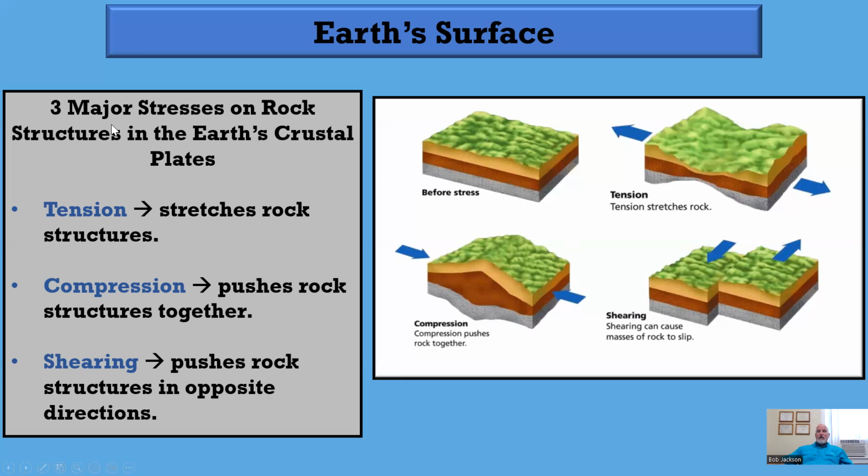There are 3 major stresses that are always going on under the surface, and it's all about rocks. First, you have tension. You see it as a pulling apart process, and that's what you're seeing here.